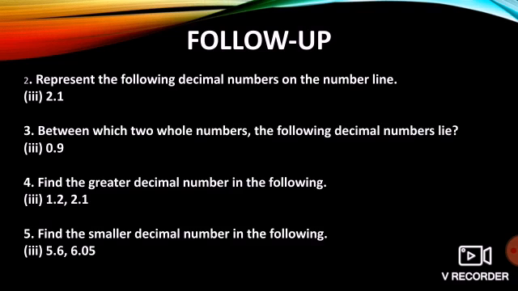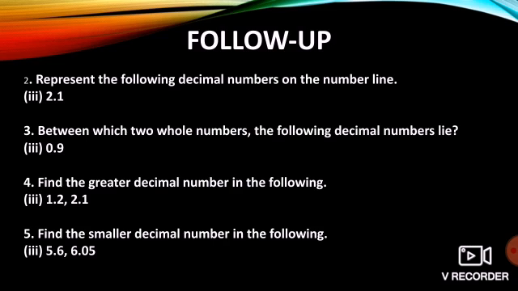Okay, students. I hope that you are clear and understand the topic of representing decimal numbers on the number line. Now, here is some of your follow-up work. The first problem is: represent the following decimal numbers on the number line. Here they have given a decimal number. We need to represent it on the number line. Next problem: between which two whole numbers do the following decimal numbers lie.